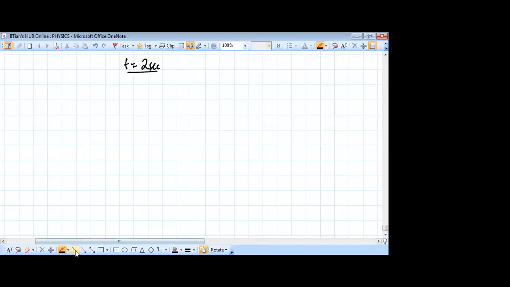So at that instant, the forward pulse would actually look like this. It has gone beyond by 2 centimeters. So it has gone like this. So it's gone 2 centimeters further.